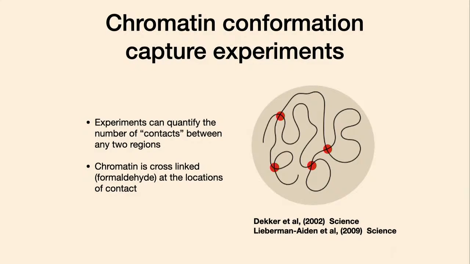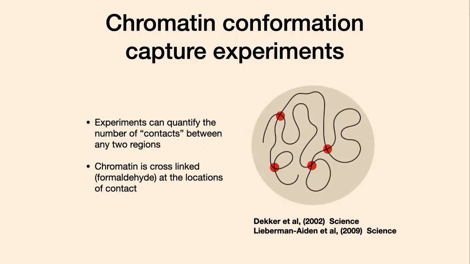One of the experimental methods to understand the precise nature of how it condenses or locally folds is called chromatin conformation capture experiments. Let me quickly tell you what this is. Basically DNA is a polymer, and as it folds, different parts of the polymer will come together and interact, and this method allows you to figure out these contact points.